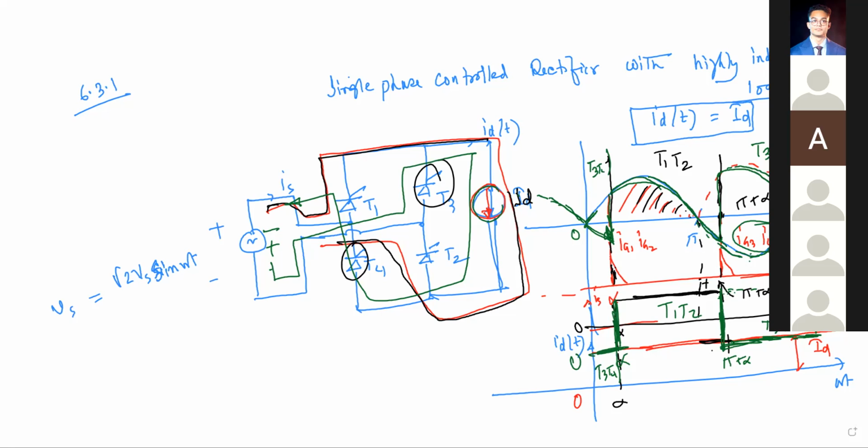Sir, if you don't apply, then what will happen? Tell me. T1 and T2 will still be conducting because this is a highly inductive load and you did not give any path to flow the current. So T1 and T2 will be conducting and you will not get the rectified wave.